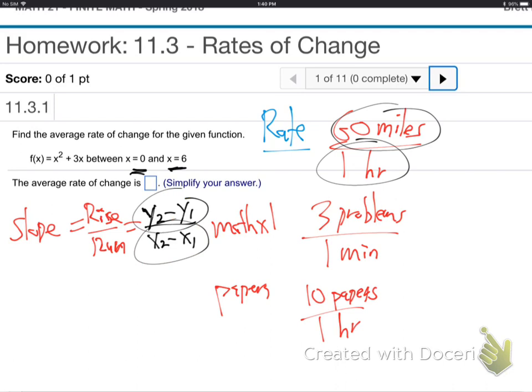So in other words, a rate is a fraction, is a slope. Slopes are fractions. Slopes are rates. That ever occur to you? You ever stay up late at night and think, rates are really slopes?